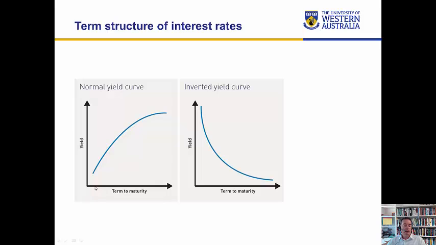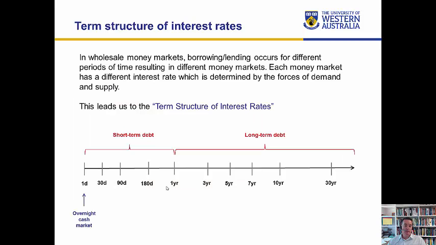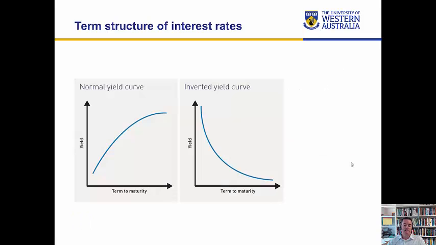As we move along the horizontal axis on this left-hand diagram with a normal yield curve, it's almost as if we're moving along a timeline. The period of lending is increasing as we move along this horizontal axis.